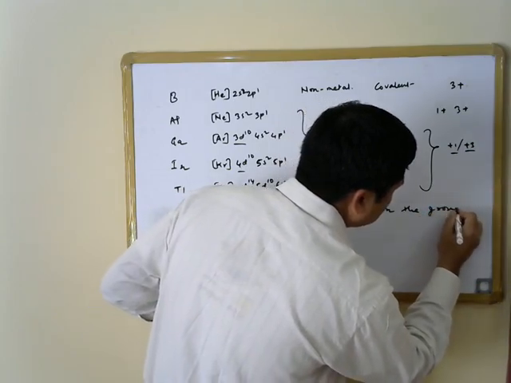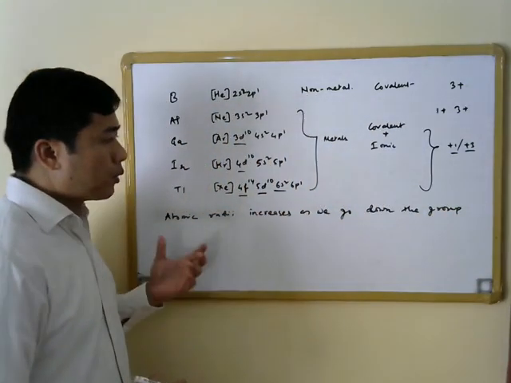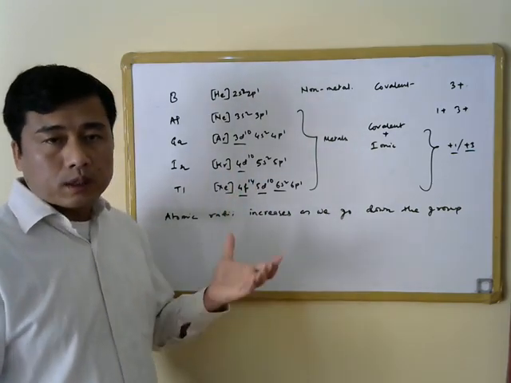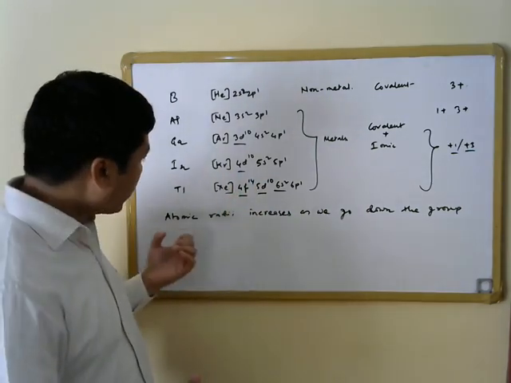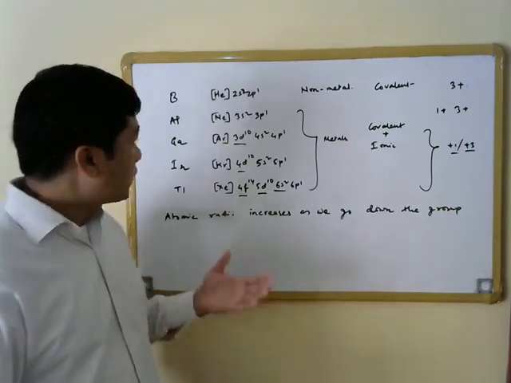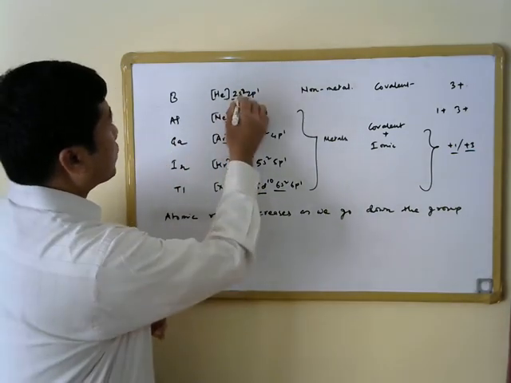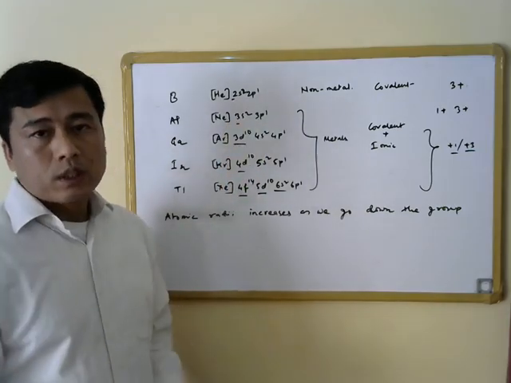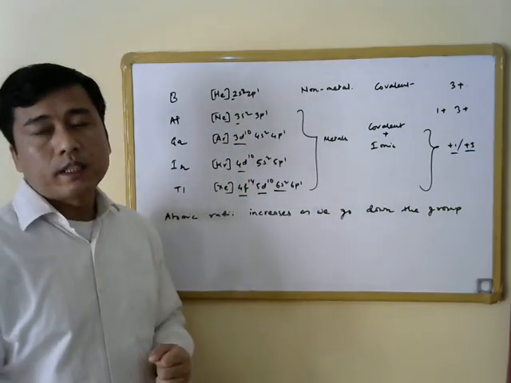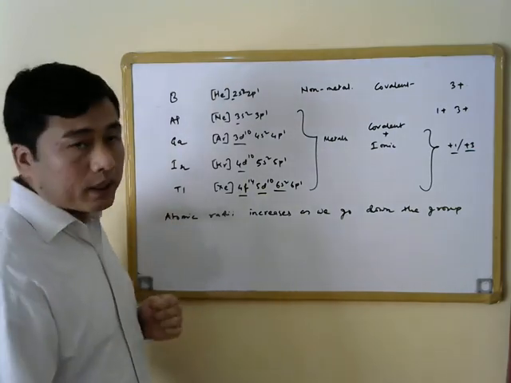So this is the general periodic property, that as we go down the group, the size of atoms or atomic radius is expected to increase because we fill electrons in a higher level. Say here it is 2s, but we go to the 3s level when we go from boron to aluminum, and that is why the size of atoms here should increase.